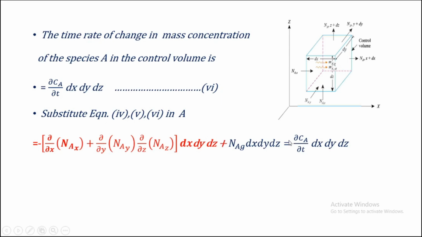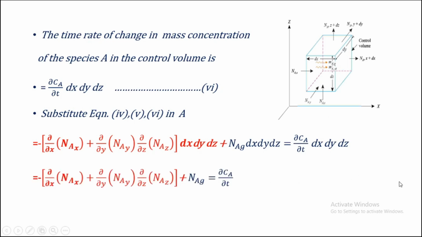So this term will represent the net accumulation of species A due to the chemical reaction inside the element. So that is equal to the time rate of change of species A in the entire control volume. So this is the generalized mass transfer equation for this system.